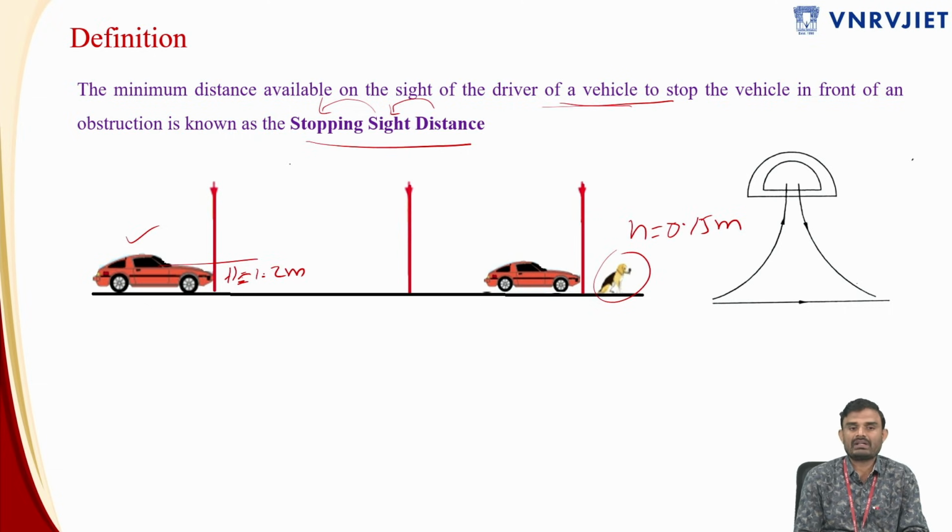The moment the driver in the vehicle has seen an obstruction, he is supposed to bring the vehicle to a stopping condition if the obstruction is static, so that he will not undergo any collision. For that he will travel some distance, which is the lag distance. In this distance, the driver will still be moving at a uniform speed until the moment he applies the brake, because the moment the driver sees an obstruction, he will not immediately bring the vehicle to rest.